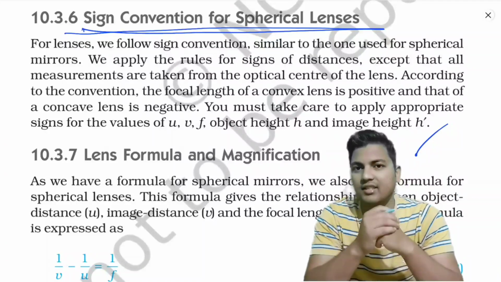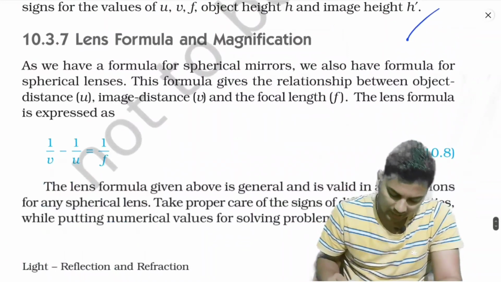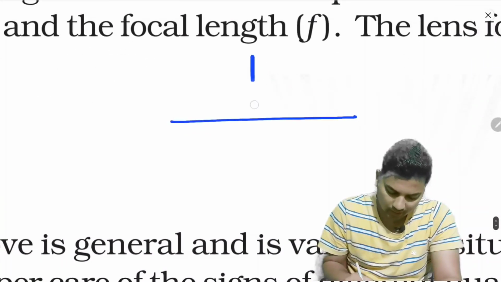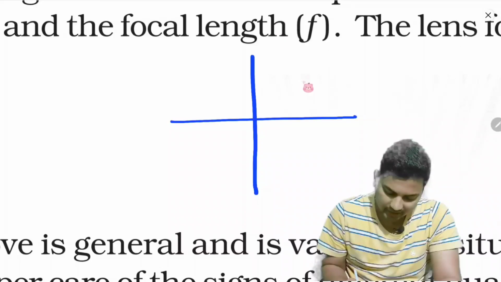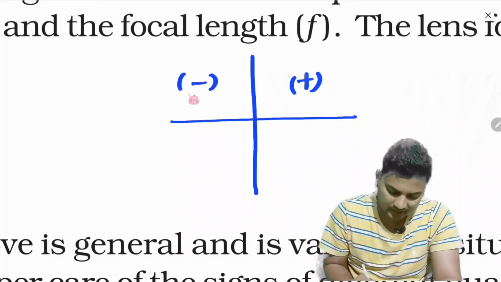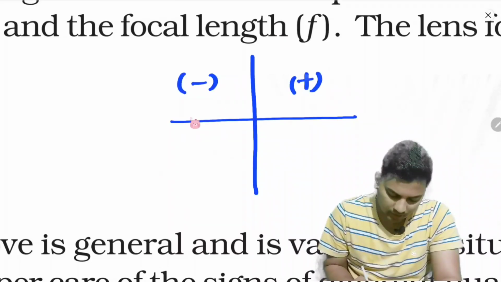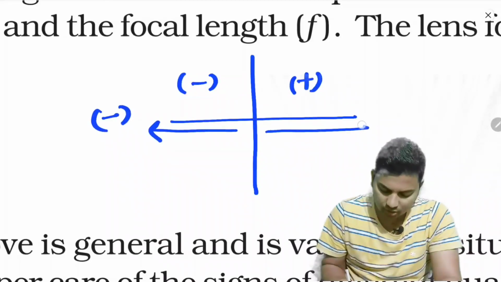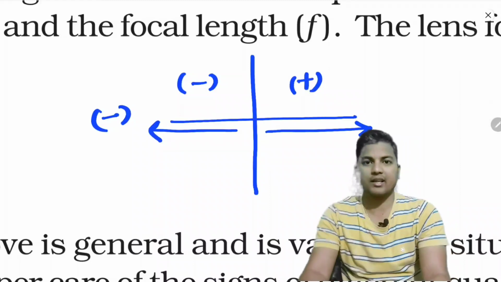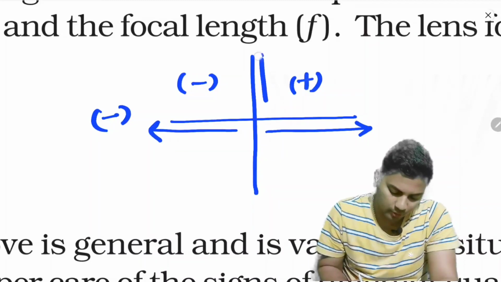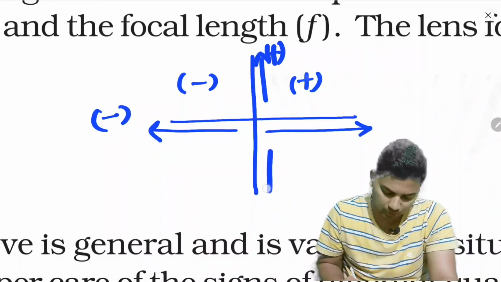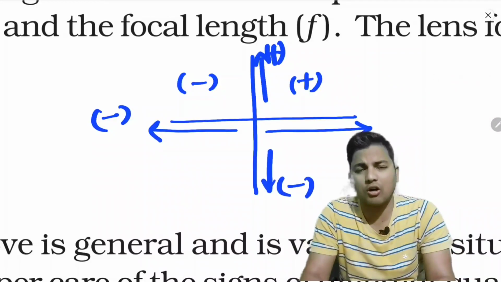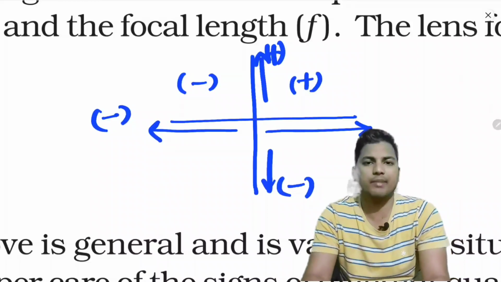So if we draw a Cartesian coordinate plane, this is our Cartesian coordinate plane, and here it is plus sign and here it is minus. Towards the left we will go with minus sign and towards the right we will go with plus sign, and upward we will go with plus sign and downward we will go with negative, that is minus sign. So it is almost all similar to our Cartesian plane system.